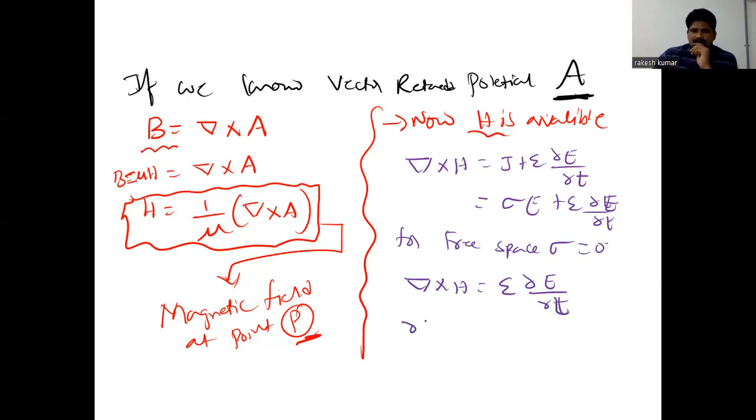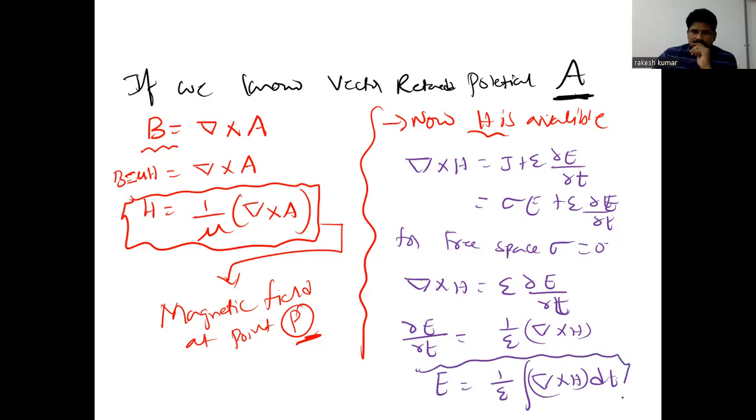From this, dou E by dou t is equal to 1 by epsilon times del cross H. From this, the expression for E is 1 by epsilon times the integration of del cross H dt. So this is the procedure you want to keep in mind.